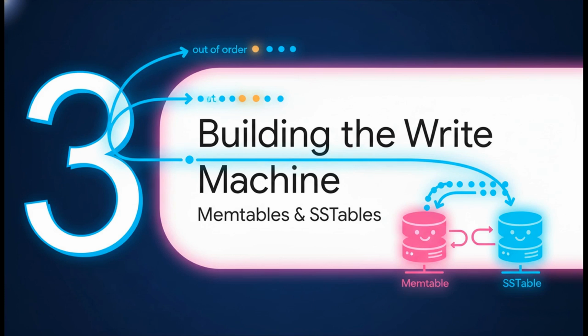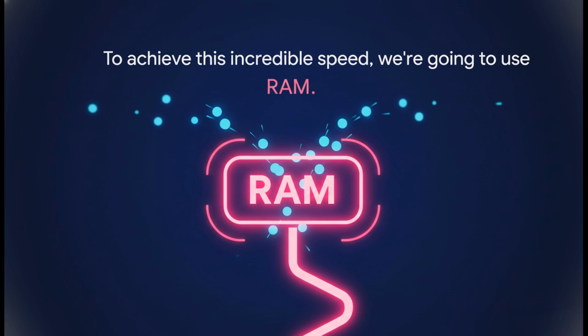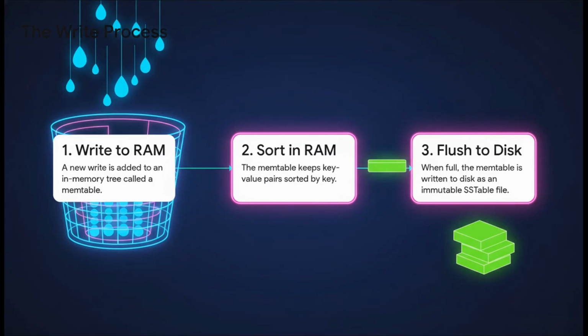Let's meet its two most important parts, memtables and SSTables. And here is where it gets really, really cool. To get this crazy speed, when a write comes in, it doesn't even go to that slow spinning disk. Nope, it goes somewhere much, much faster. So plot twist, we're going to use memory. Picture this: an incoming write comes in.